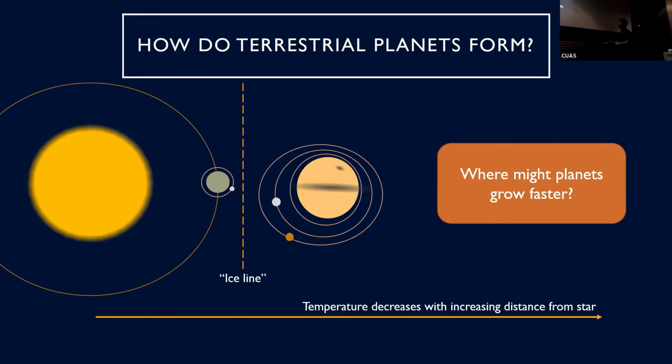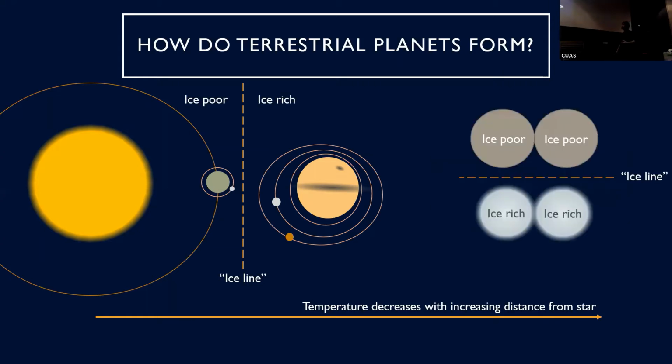The ice line I've just set is somewhere in here. It's a region that broadly separates where terrestrial planets are going to form, which are predominantly rocky bodies, and where giant planets are going to form, which are predominantly gassy bodies. Within the ice line everything is ice poor, and the reason is that water and ice inside this region can't actually exist in a solid form.